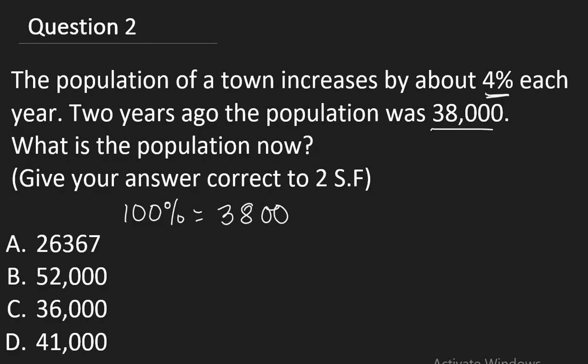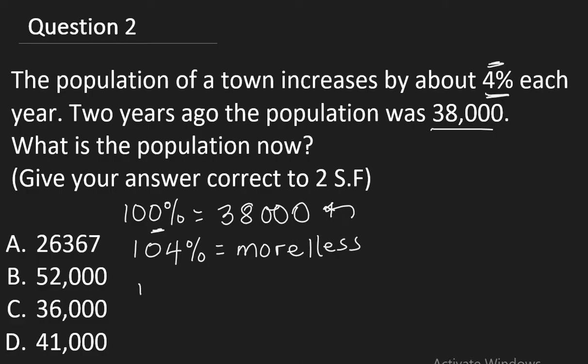Last year, since the question says it increases by 4%, the population last year will be 100% plus 4%. It will be 104%. So last year's population will definitely be more than the population 2 years ago. But what will it be? Since it will be more, we divide more by less.